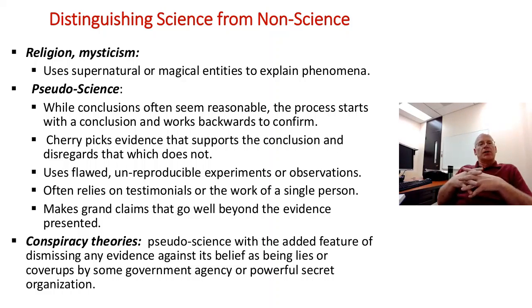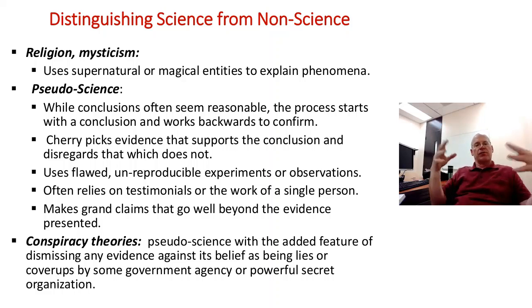Now, pseudoscience conclusions often seem reasonable because we're going to learn our perception is that the sun is flying through our sky like it's a giant airplane, actually more like a blimp, right? Because it's so slow. That is our perception, and pseudoscience would take those observations and run with them.